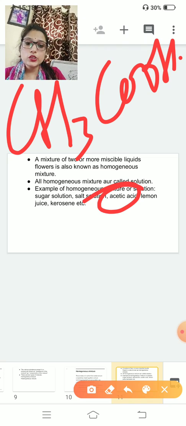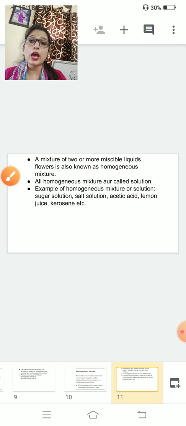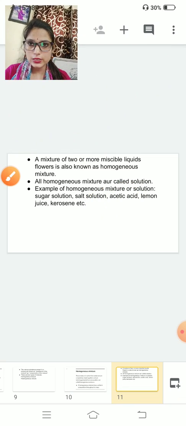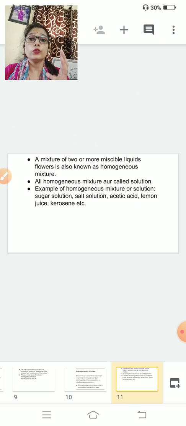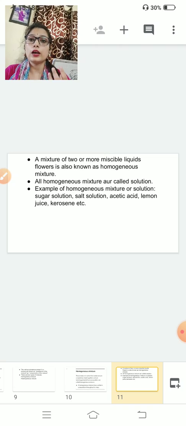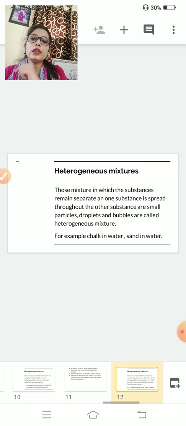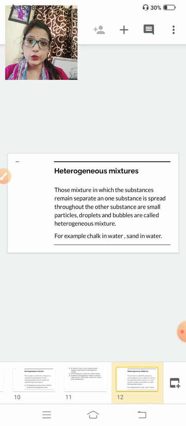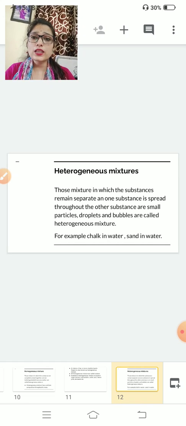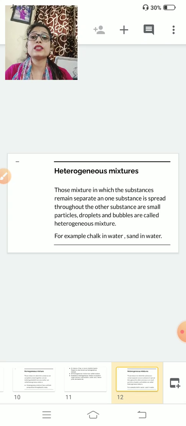Lemon juice, kerosene, etc. These are all examples of homogeneous mixtures or solutions, because when you mix them, they mix completely. You can't see any difference after mixing. Clear? Now move to heterogeneous mixtures. What are heterogeneous mixtures? Heterogeneous mixtures are those in which you can see the difference.